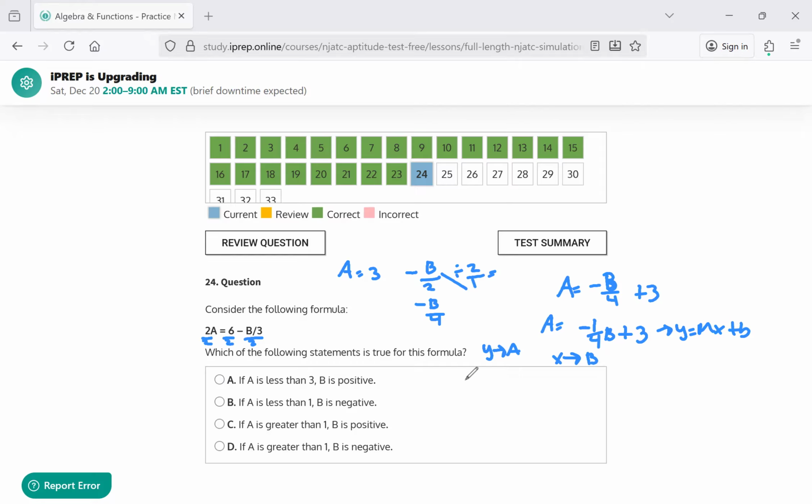It looks like we already have our y-intercept. It looks like it's 3, because if you plug in 0 into the function, this is going to be negative 1/4, and then replace b with 0, plus 3. So that's 3. So your y-intercept is 3, and then what's my x-intercept?